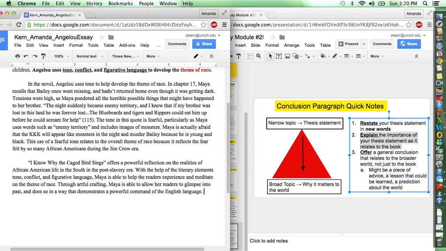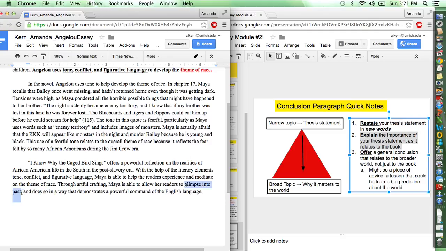So in this sentence, I've pretty much shouted out Maya for creating a book that demonstrates an exemplary usage of the English language. And I've also touched on the fact that the book is important because it serves as an important message of the past. It's important for people to remember what happened in the past so that they don't make the same mistakes in the future.